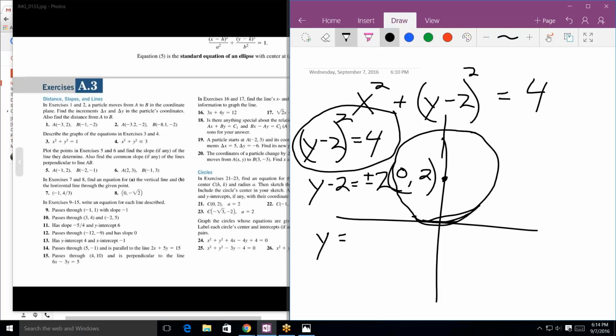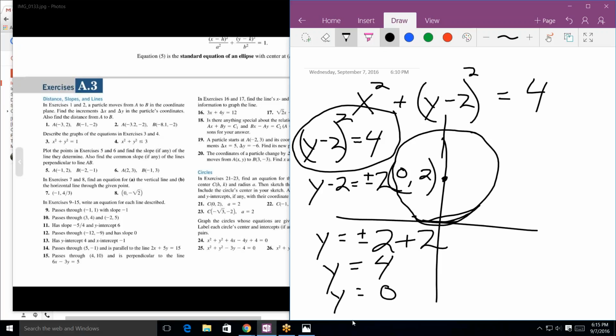So it would be y equals plus or minus 2 plus 2. What are those two answers? I believe it would be 0 and 2. Okay, the first answer is going to be the plus 2 plus another 2, so that's going to be 4. Second answer is going to be minus 2 plus 2, and that's how you get the 0.